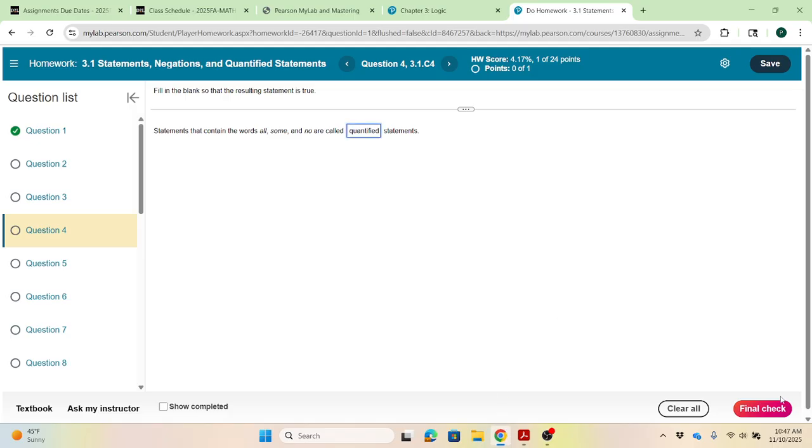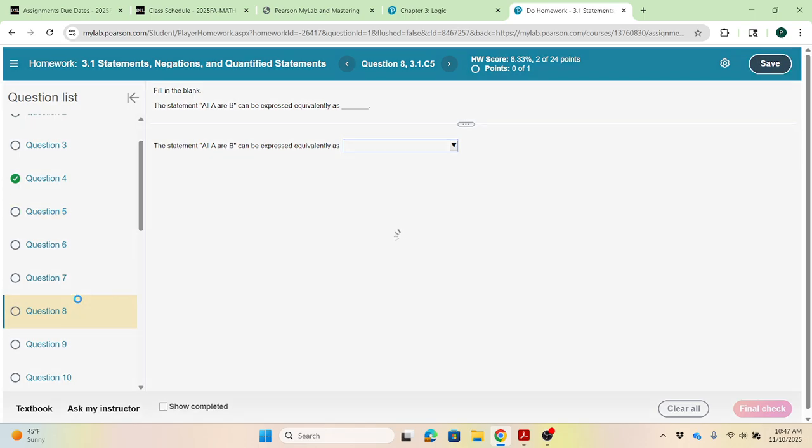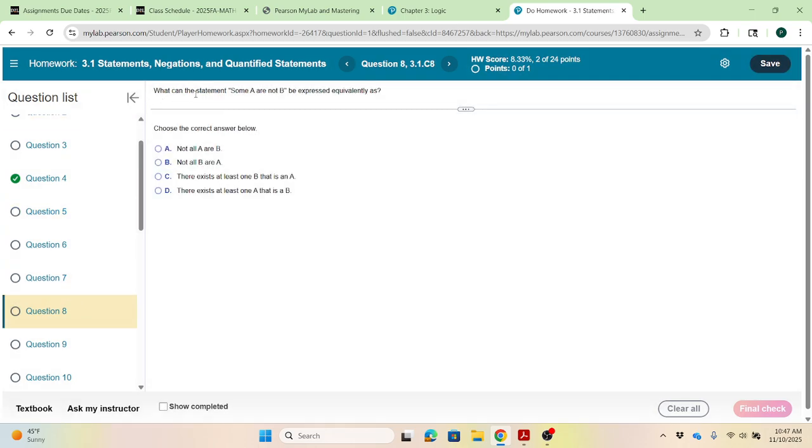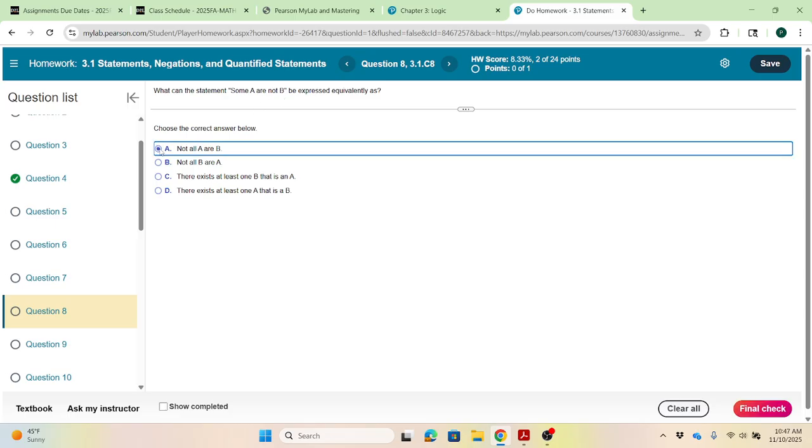That's the definition. How can the statement "some A are not B" be expressed equivalently? Not all A are B.